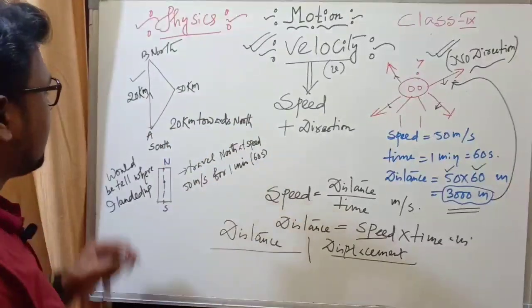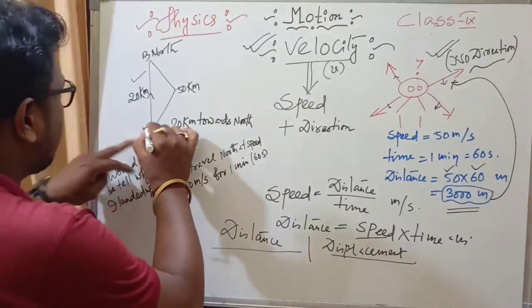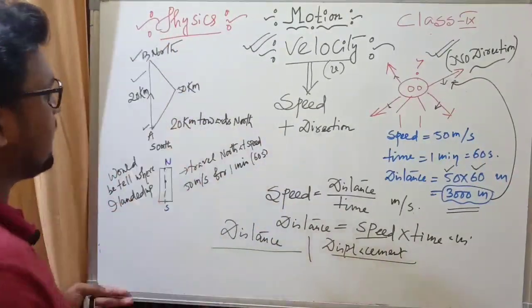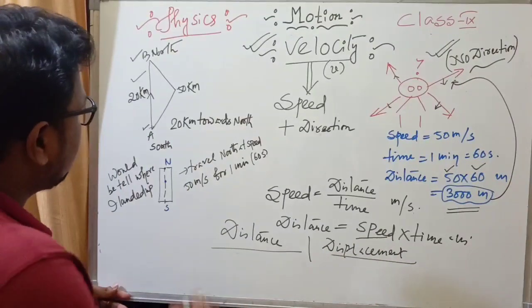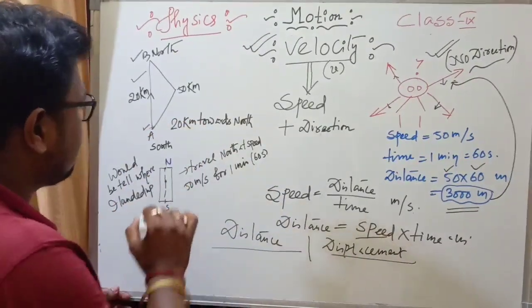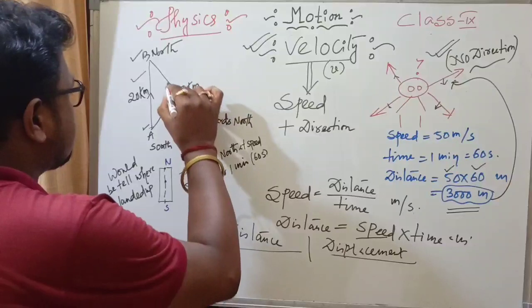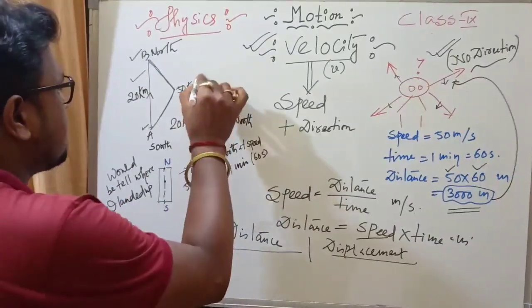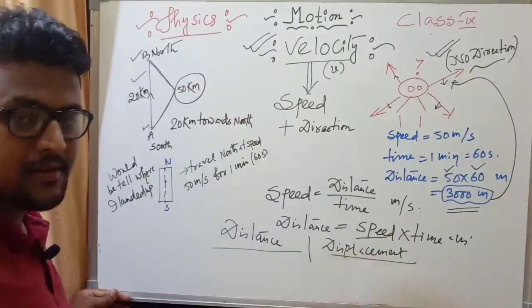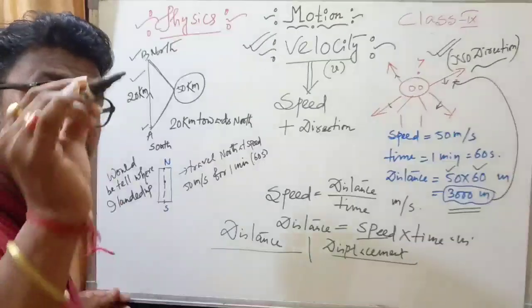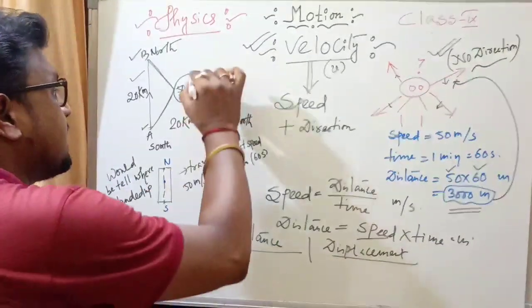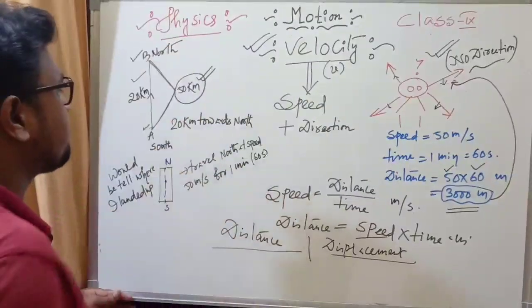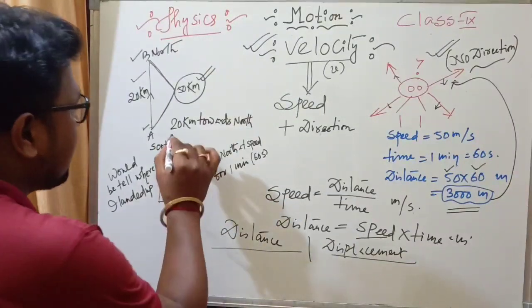Look at the diagram here. Let us consider point A to point B. A person covers a total distance from A to B of 50 kilometer. Is it distance or displacement? It is distance.